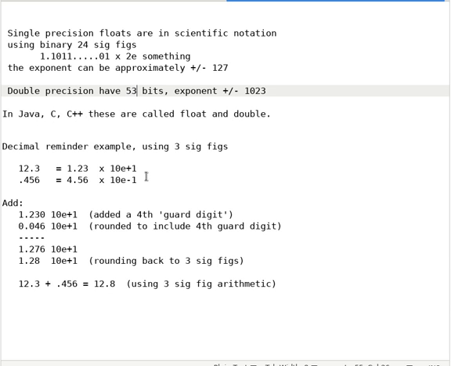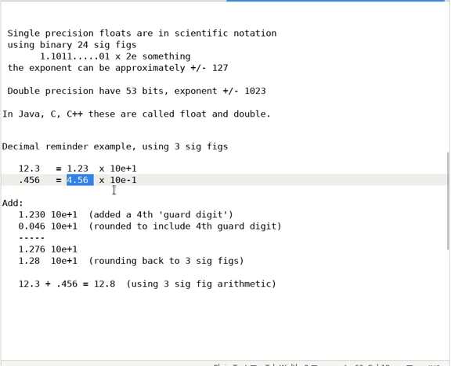So let's remember what arithmetic looks like using scientific notation. If I have a number like 12.3, I write it in scientific notation like that, or it could be 0.123 times 10 to the 2. Either way doesn't make much difference. If I have a number like 0.456, that's how I write it.